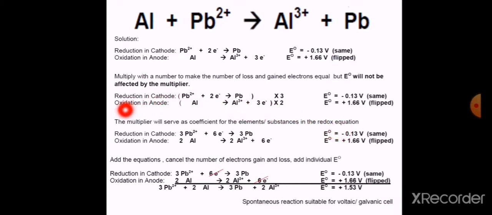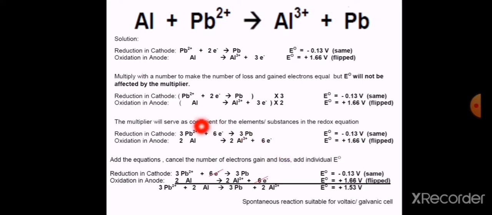With the oxidation reaction naman, with a multiplier of 2, so that aluminum will have 2 aluminum producing that aluminum ion Al plus 3 will have 2 as its coefficient kasi nga minumultiply natin lahat ng mga substances na nandito sa equation. And that 3 electrons will now become 6 kasi nga with that multiplier.